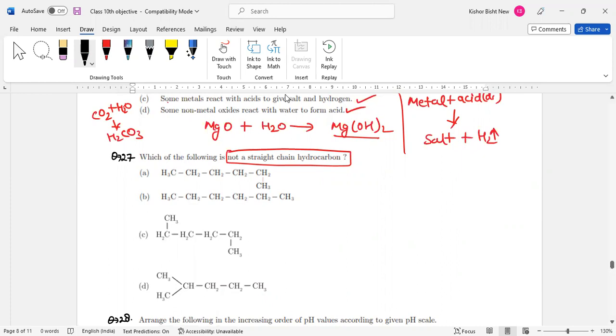Here they are asking about the straight chain, so you need to find the longest carbon chain. Not a straight chain means there is a branch chain. Here there is no branch chain. No branch means all are straight chain. Again, this has no branch.